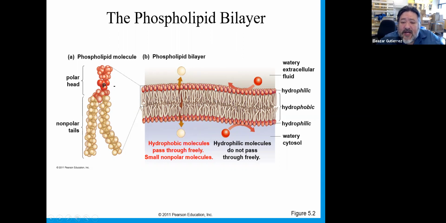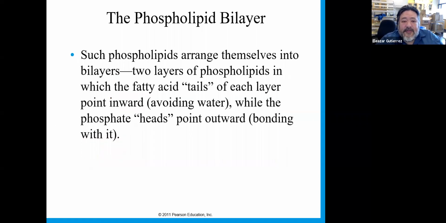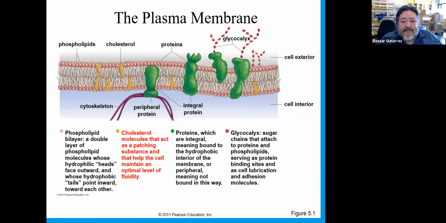As a result, we end up with this phospholipid bilayer because we have water both outside and inside. Water is polar, if you remember that. So therefore, the hydrophilic heads are always going to associate with the water. Okay, very, very neat stuff.